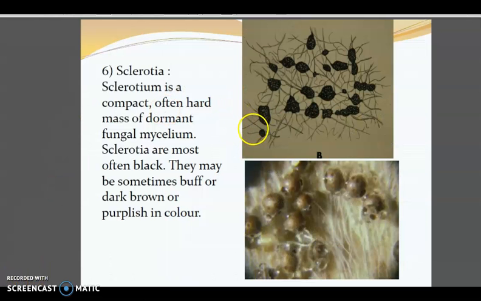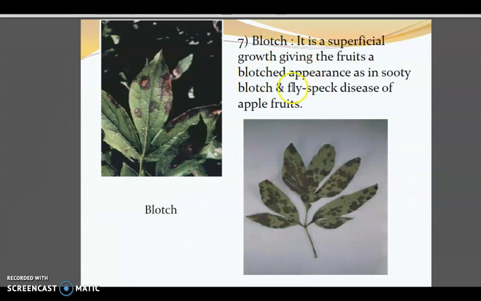Then there is sclerotia. It's often a hard mass of dormant fungal mycelium and it is often black or dark brown or purplish in color. Then you can see blotches. It is also a superficial growth, giving the fruits a blotched appearance, seen in apple fruit.